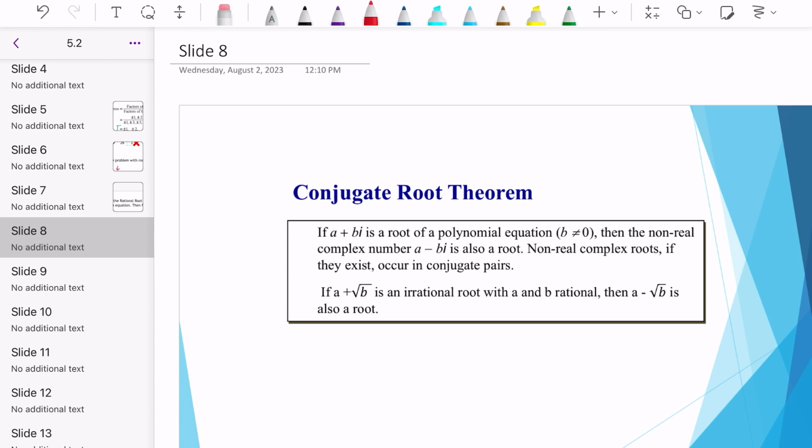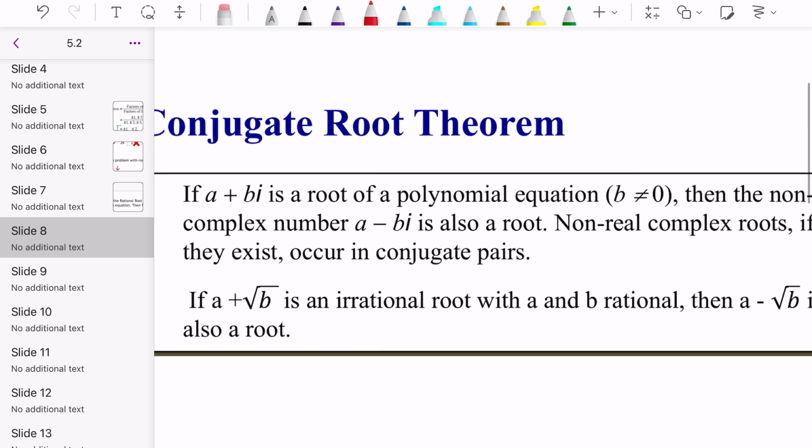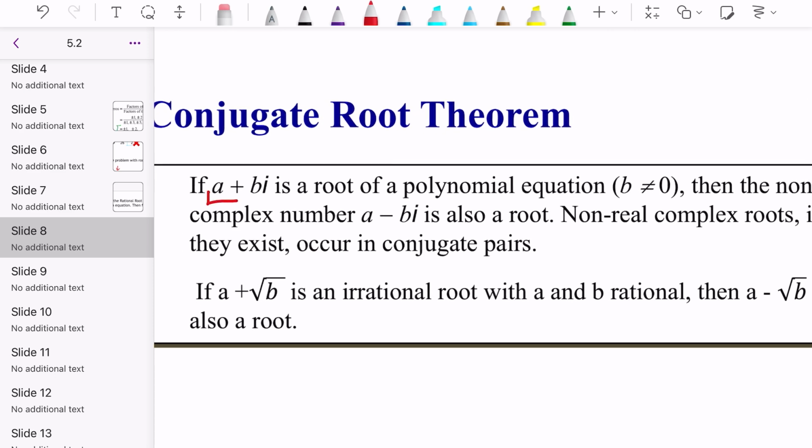So keep in mind, this would be the conjugate. The conjugate is whenever you switch out the middle sign for a positive with a negative, or switching out a negative with a positive. So ultimately, you will end up with a pair of conjugate answers.